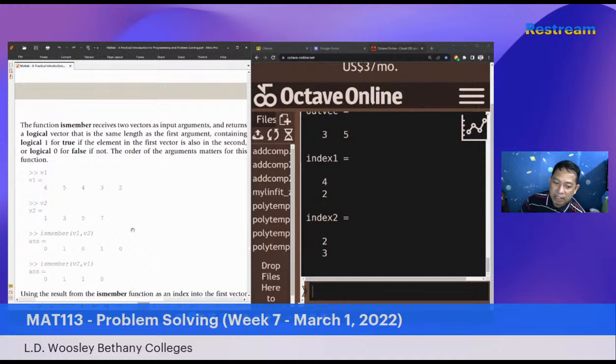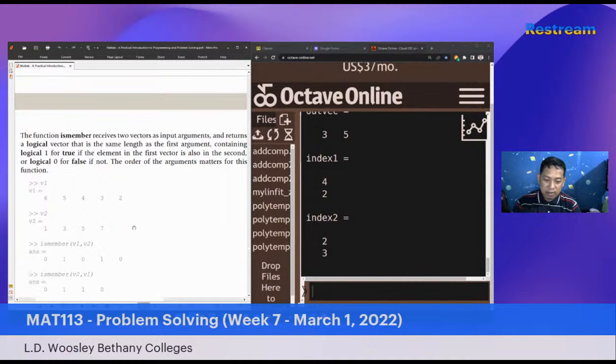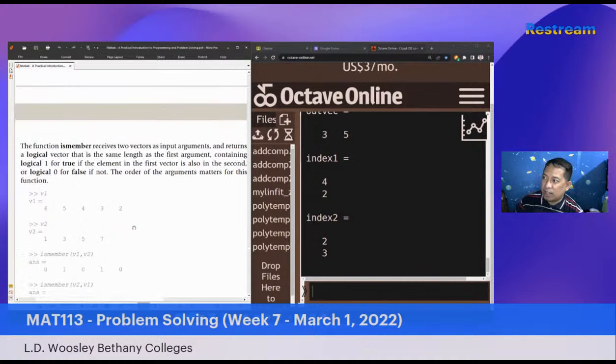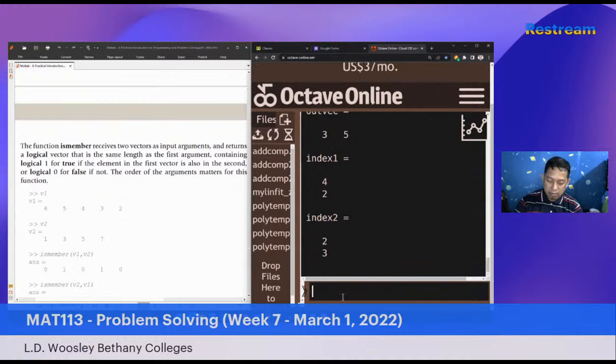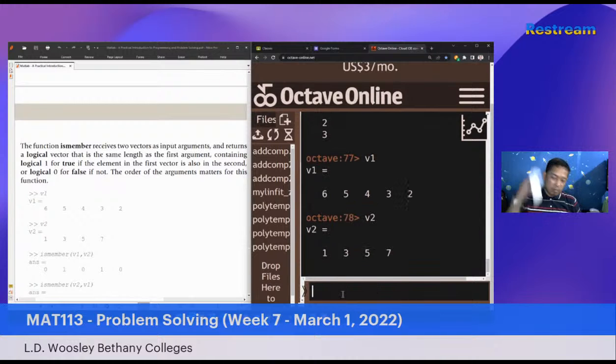So ang basis natin dito ay yung vector 1. Nandiyan pa rin si vector 1 saka si vector 2.